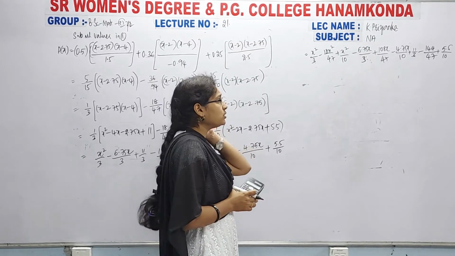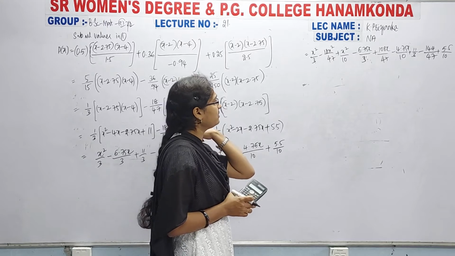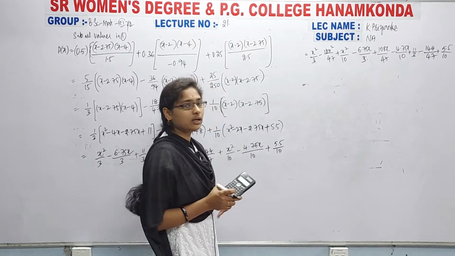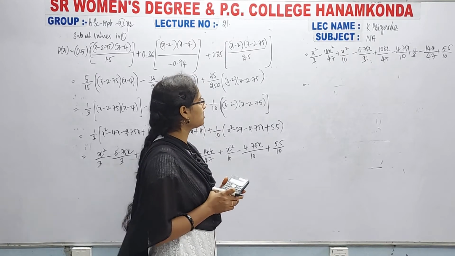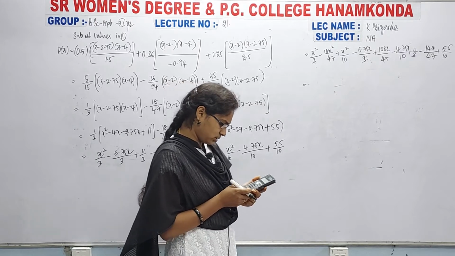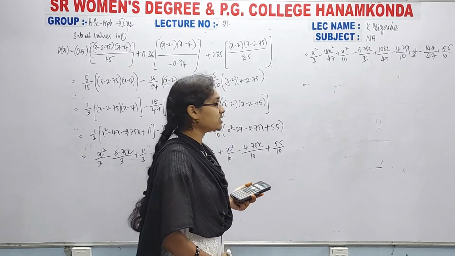Okay, so now here 3, 47, 10. So we cannot calculate the LCM for these terms. So now simply I am taking the multiplication, 47 into 30, so 1410.